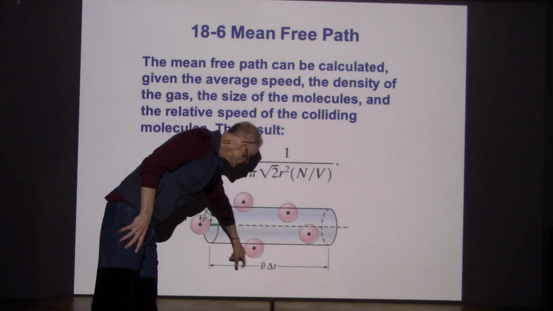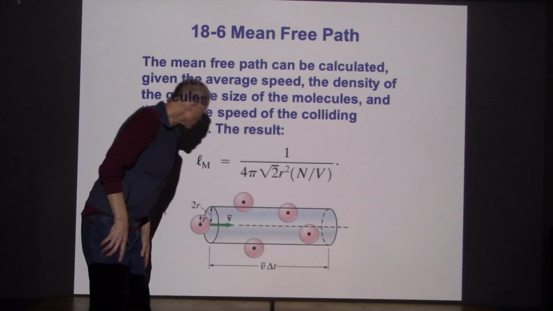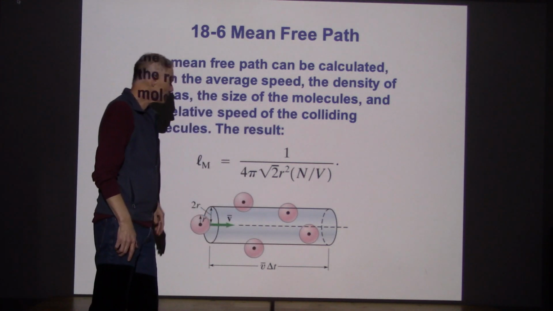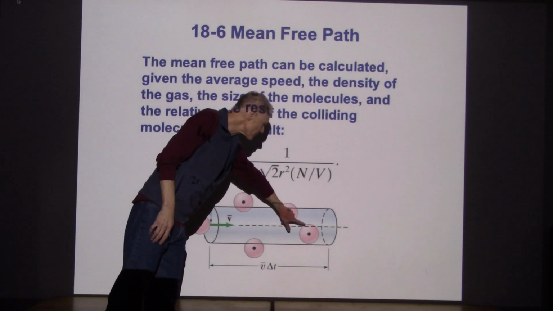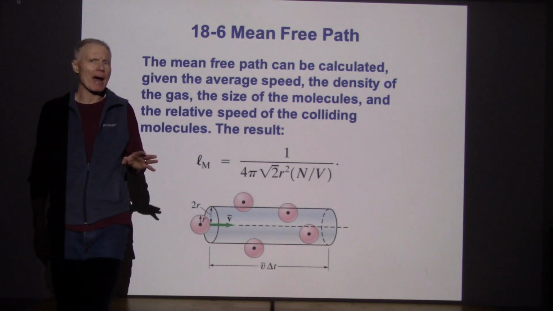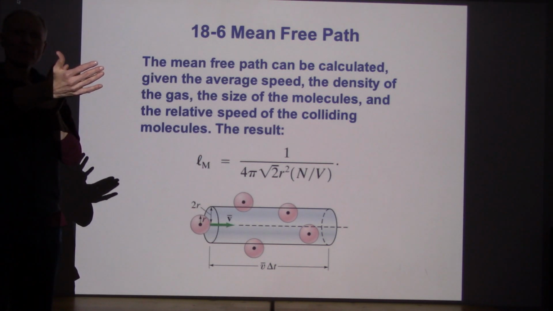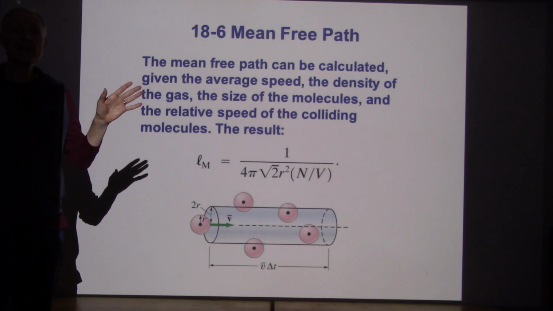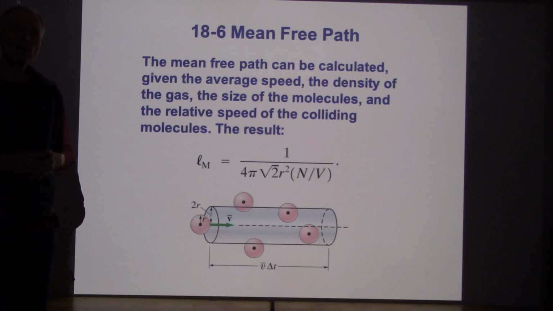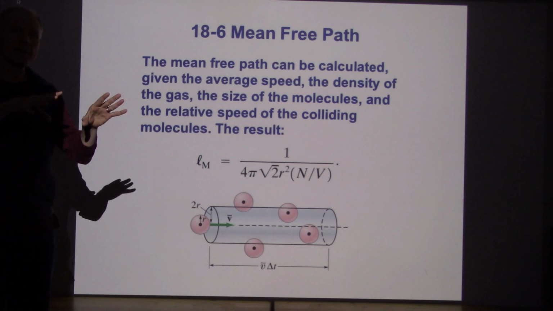It says, look, here is some distance that I'm going to travel, and just statistically, what's the chance that there's going to be a molecule in my path? If I think in terms of traveling some distance, what's the chance that that distance is free of any other molecules, and what's the probability that there's going to be another molecule within that volume?